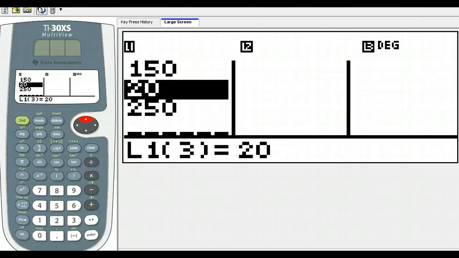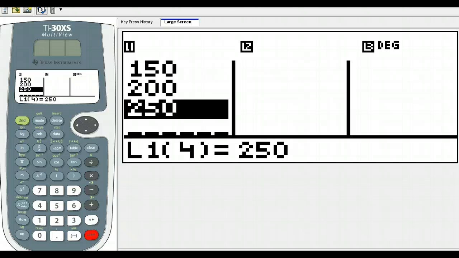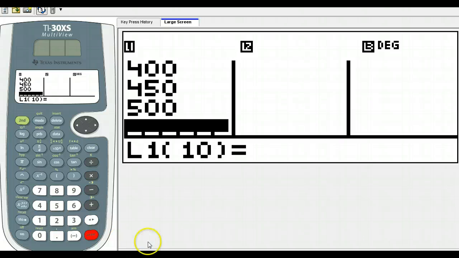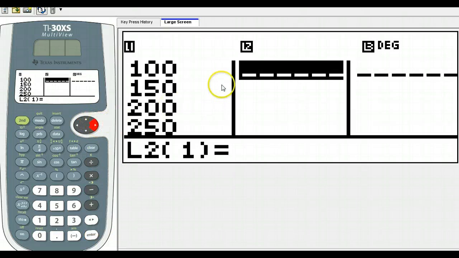Whoa, I missed my 200. 200, 250, 300, 350, 400, 450, 500. Okay? Go ahead and move over to column 2.